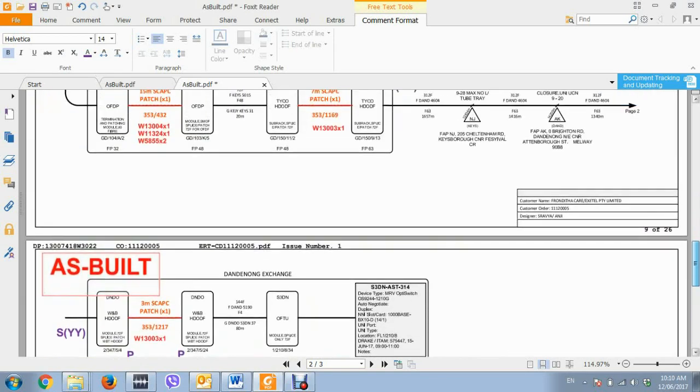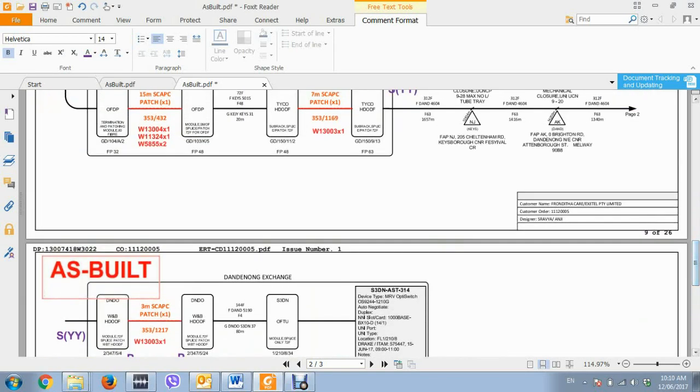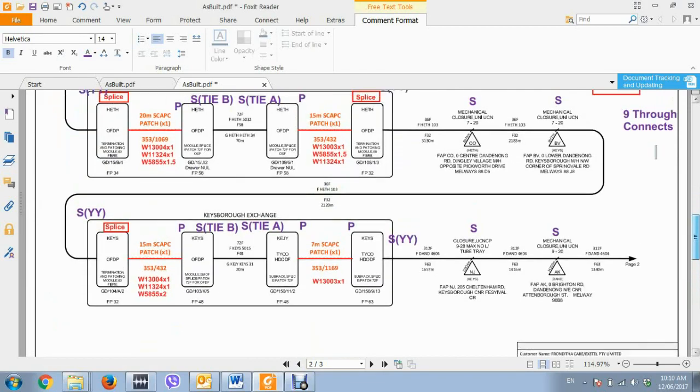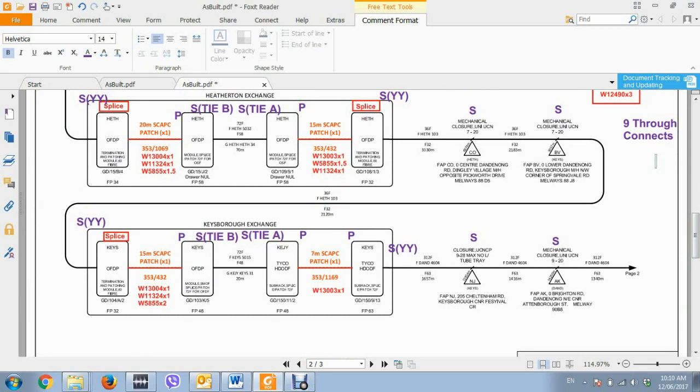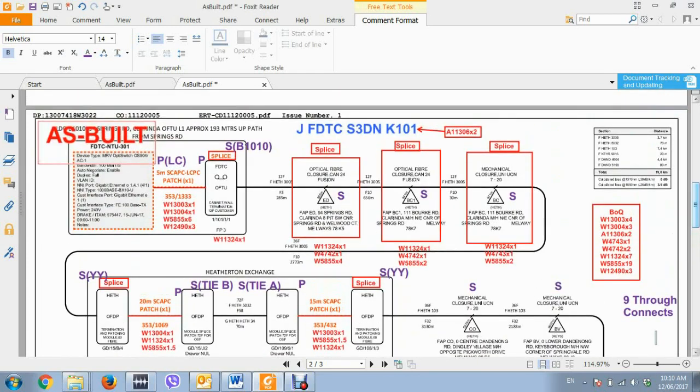Then we will count the S, the splices. 1 here, 2, 3, 4, 5, 6, 7, 8, 9, 10, 11, 12, 13, 14, 15, 16, 17, and 17 splices.